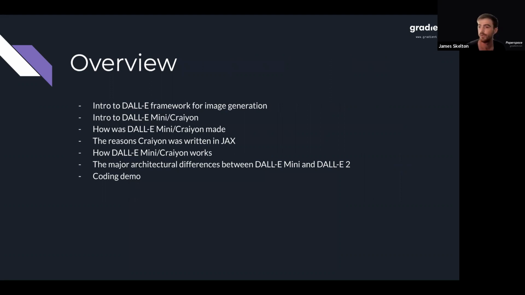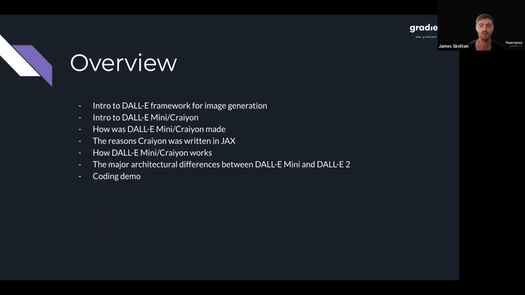Let's get into it. So, as I said, today we're going to be covering DALL-E Mini, aka Crayon. There's a few things that we need to get through in order to really understand how that works. So we're going to start off with an introduction to the DALL-E 2 framework for image generation. After we've covered how it works, we'll jump into introducing DALL-E Mini.